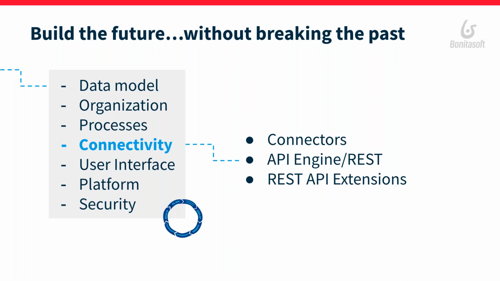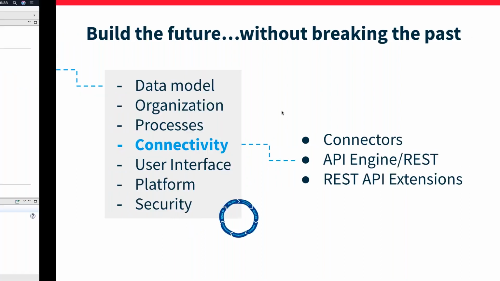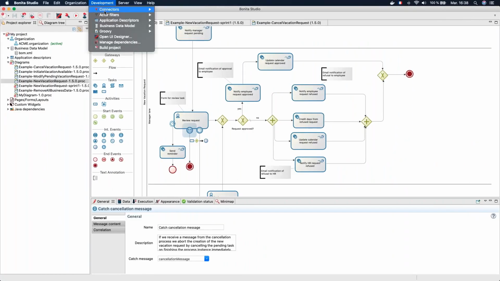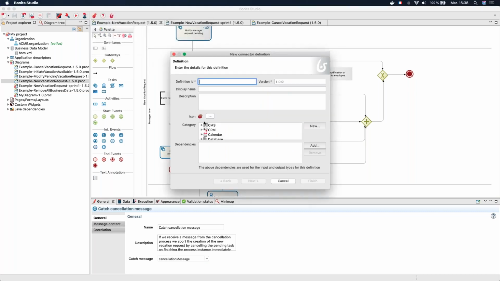My advice here would be, depending on the way you want to do it, if the other systems are open and have APIs, you can use APIs if you are comfortable with it. We have a set of connectors in Bonita that can be used in order to communicate from Bonita.